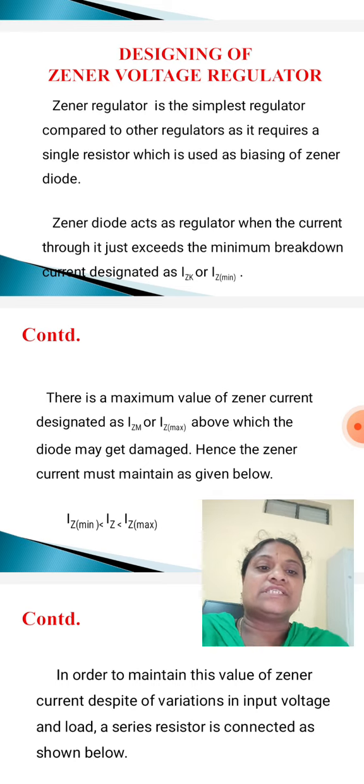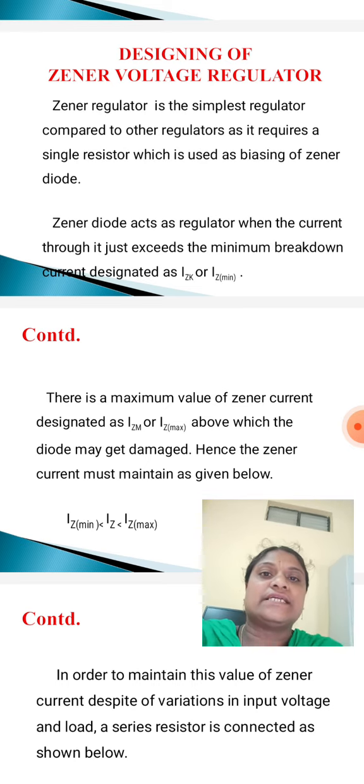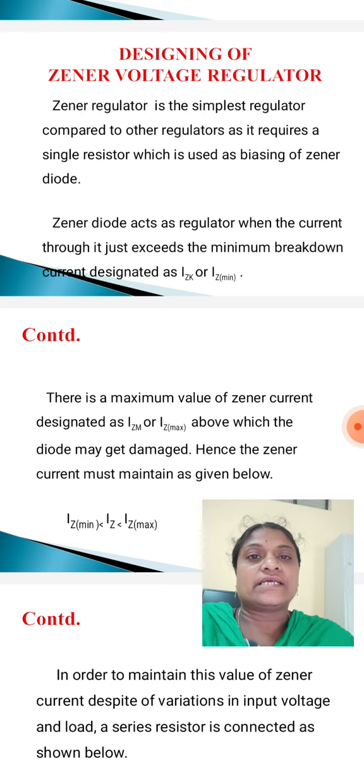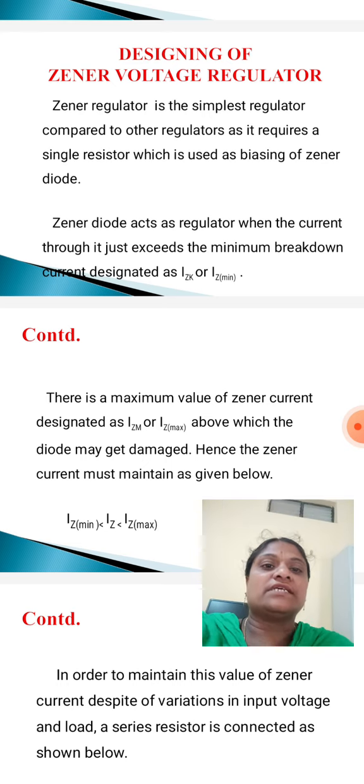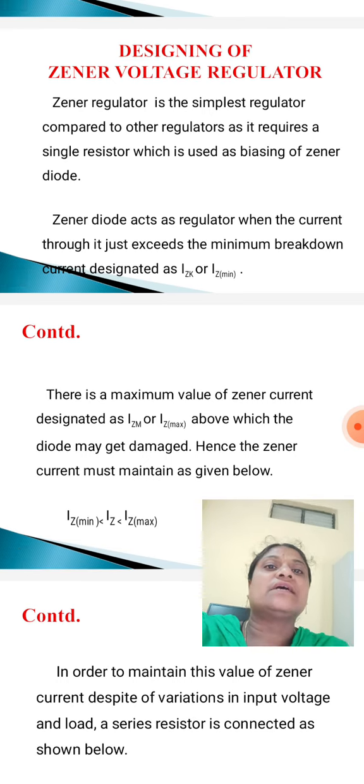So I repeat this point once again: the Zener regulator is the simplest regulator compared to other regulators, meaning avalanche regulators and others, because it requires a single resistor which is used for biasing the Zener diode.